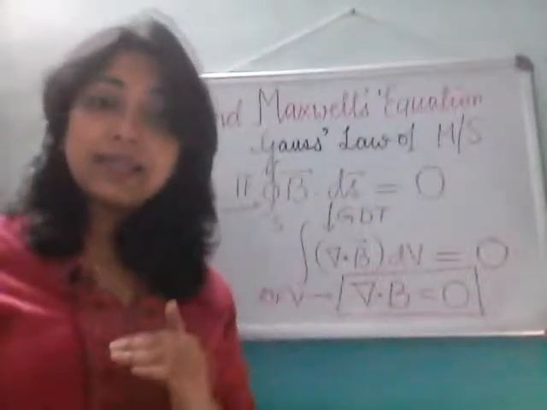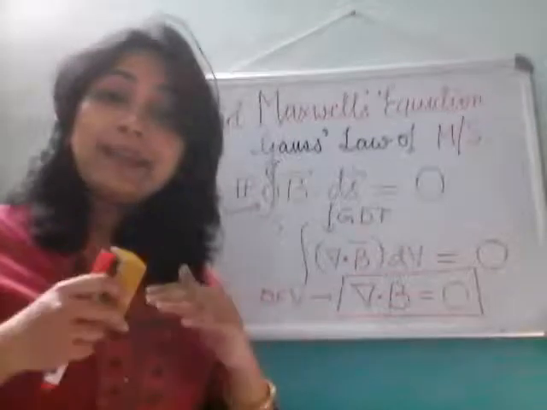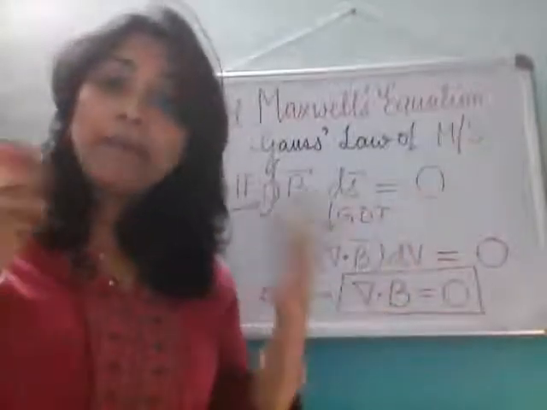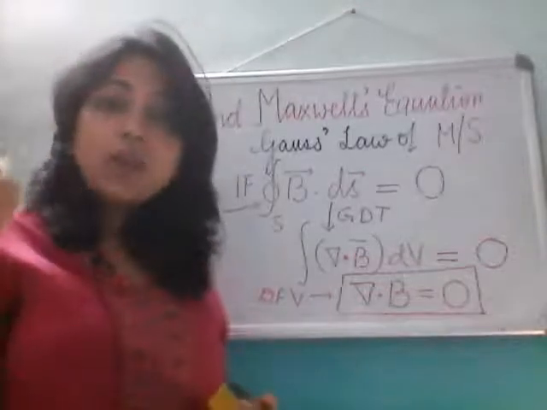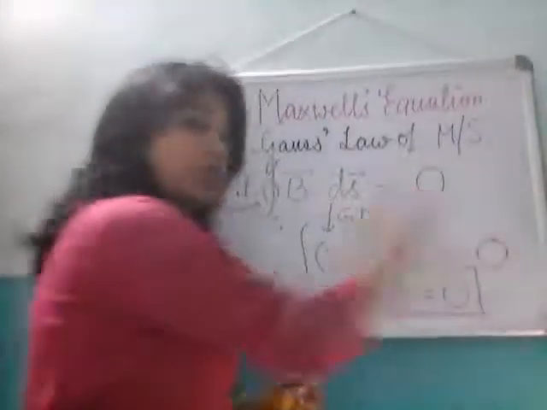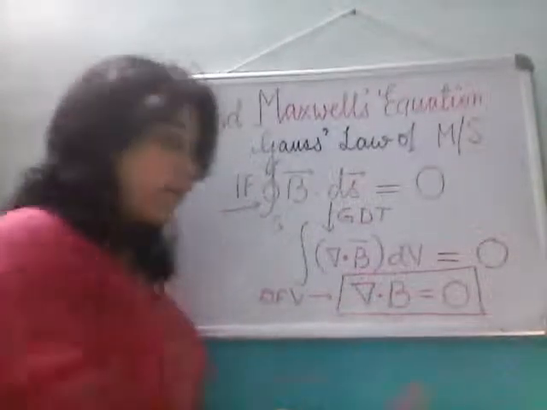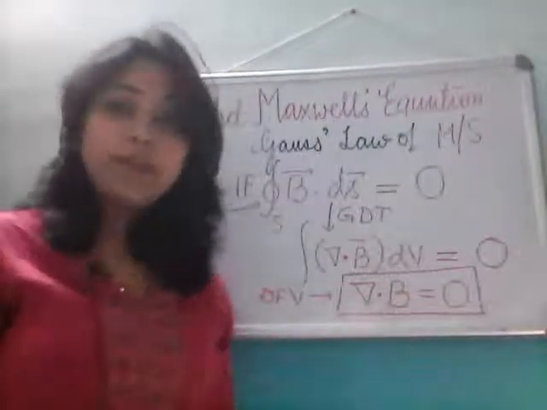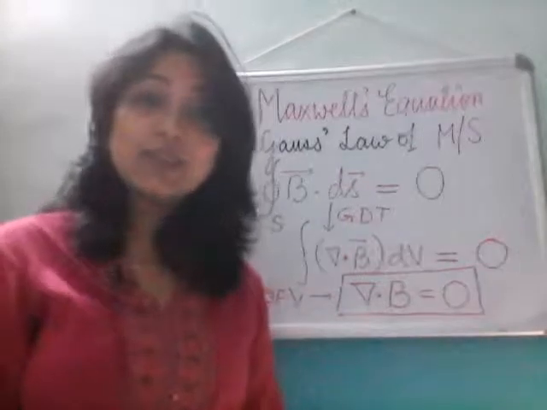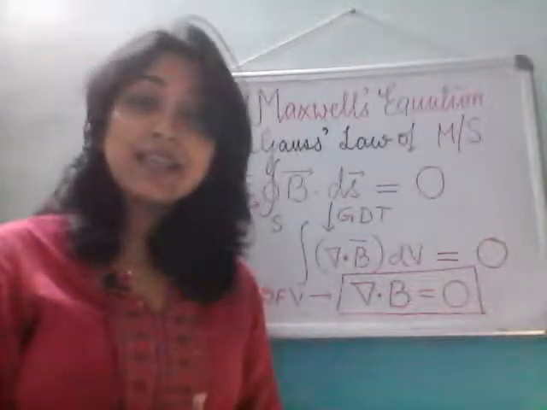The integral means that the total magnetic flux coming out of a closed surface is equal to 0, or from the differential form I can say that the divergence of the magnetic field is equal to 0. Now what does this essentially mean?